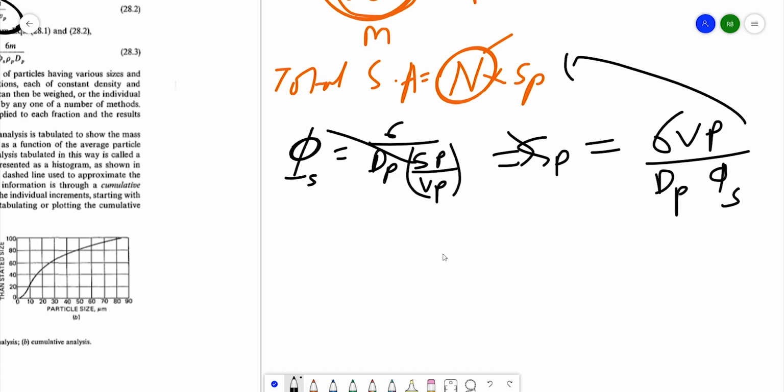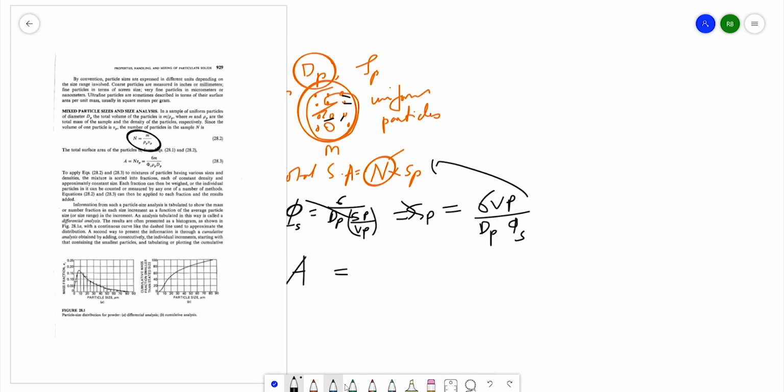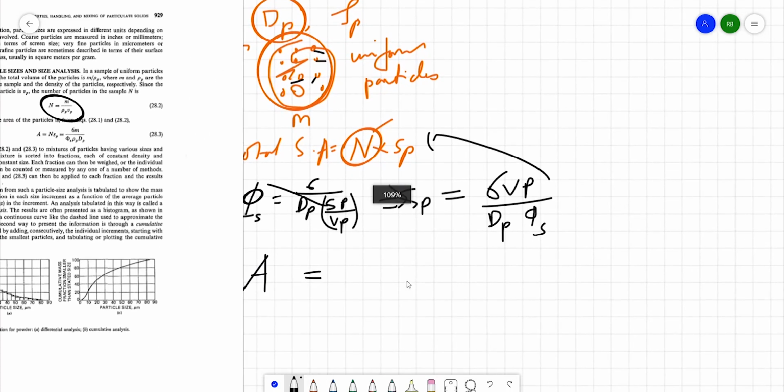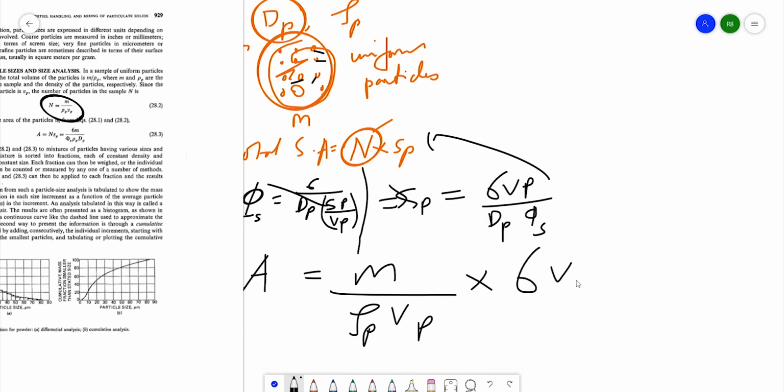Simply put it here. So the total surface area, let's say A, and what is n? You calculated it to be M by rho p Vp into Sp. What is Sp? 6 Vp by dp into sphericity phi s.